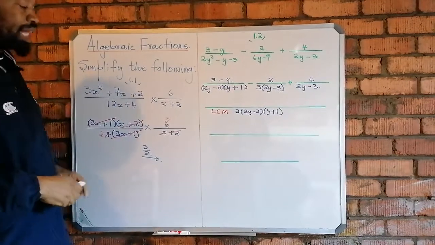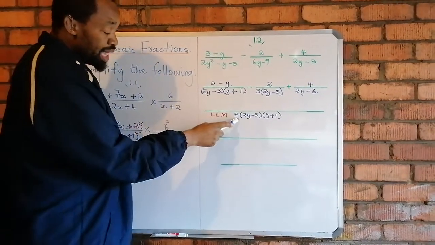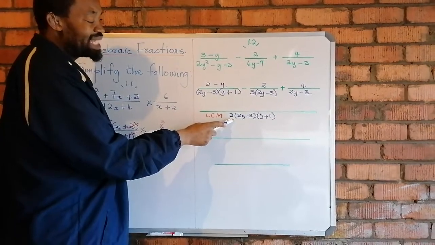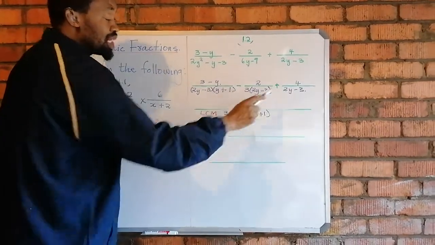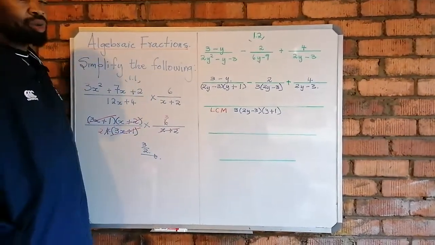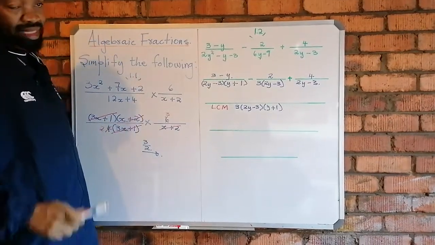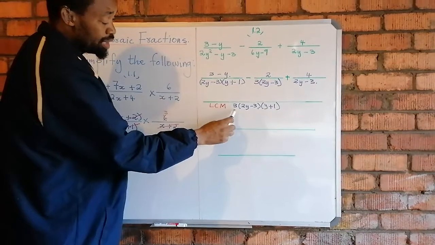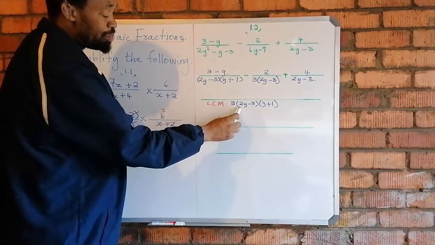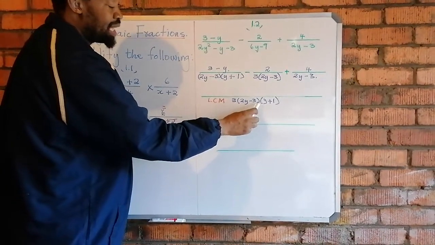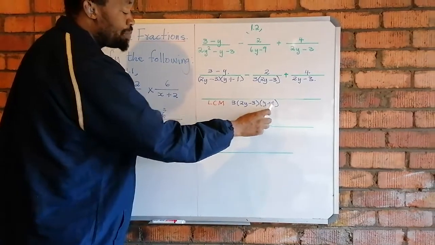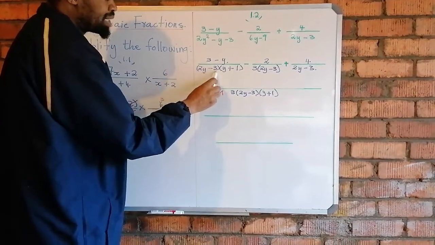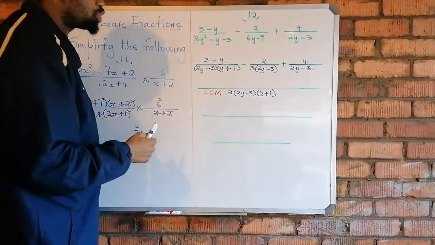How do we do that? You take your LCM, you divide it by each and every one of those denominators. I'm going to do that. For the first one, it is going to be 3 multiplied by 2y minus 3 multiplied by y plus 1 divided by 2y minus 3 multiplied by y plus 1.